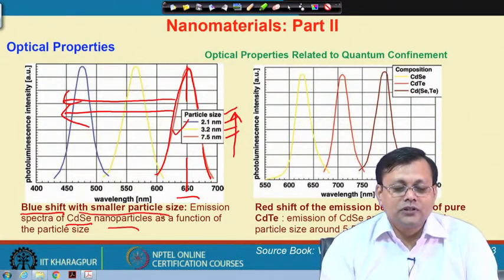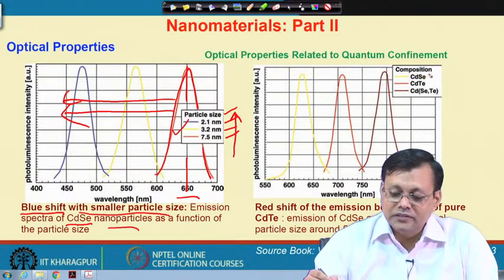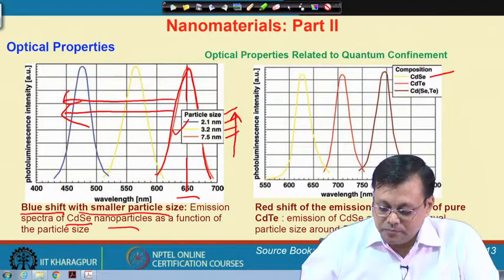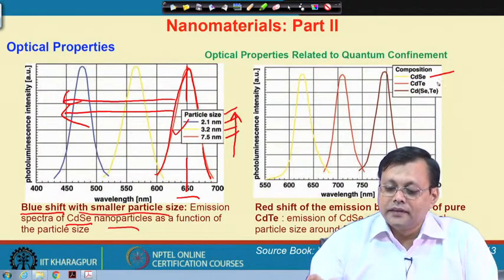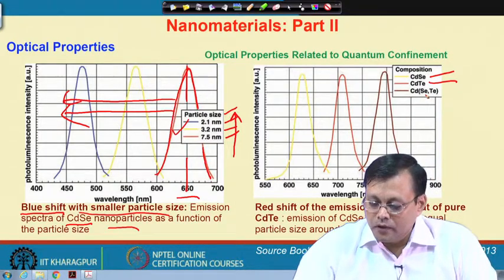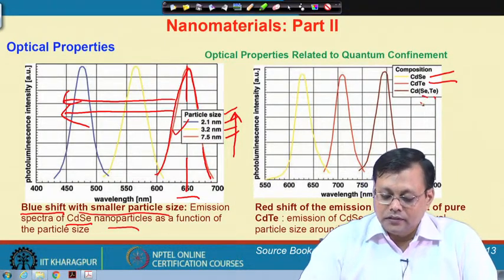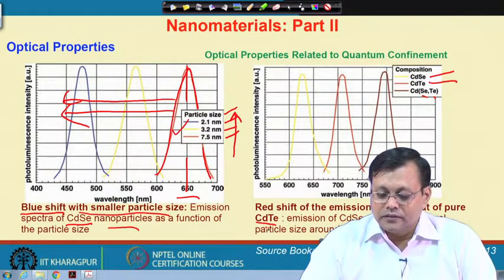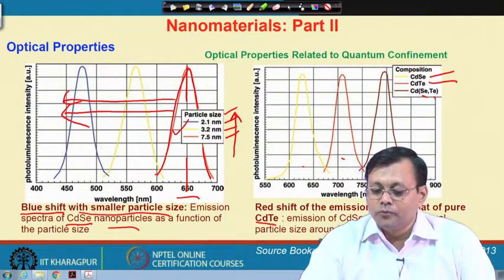Now, I can also do the same thing by changing the composition. Here I have the same cadmium selenium particle of, let us say, 5.5 nanometer, and then we can change the composition to cadmium tellurium or, let us say, selenium tellurium. This CdTe particle changes the wavelength with the composition.